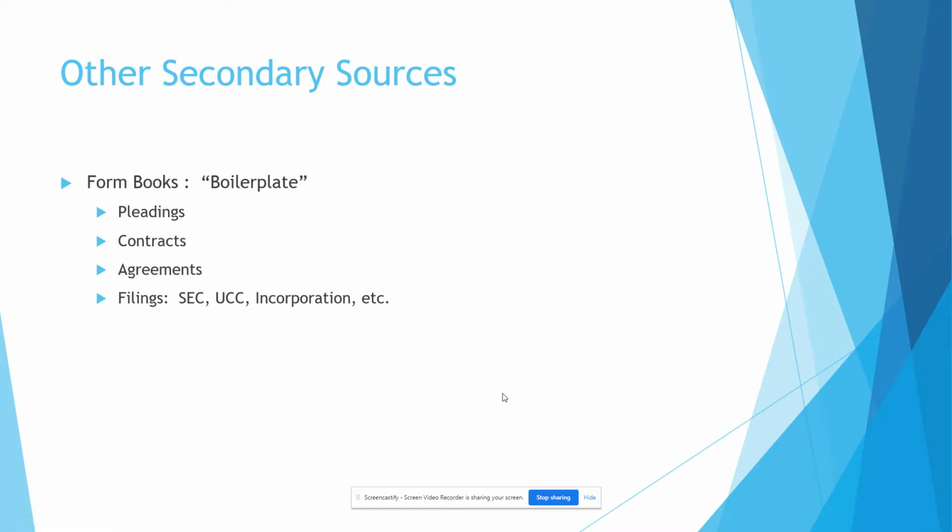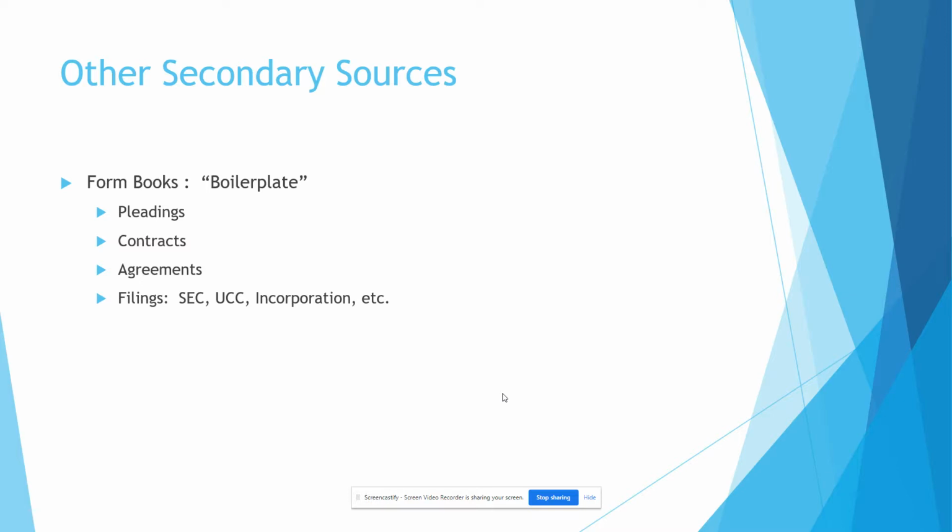Other secondary sources that are really important are form books. Say I want to know how to draft a complaint in the state of Illinois. I can go to a form book and see different kinds of pleadings, so I can see what a complaint looks like, to make sure I'm stating the proper things for my cause of action.